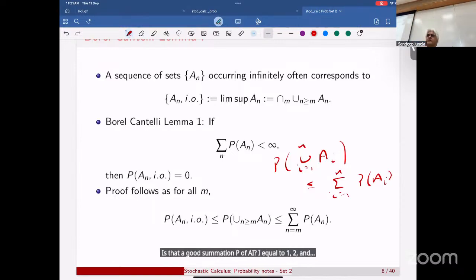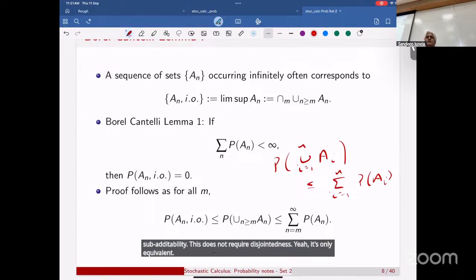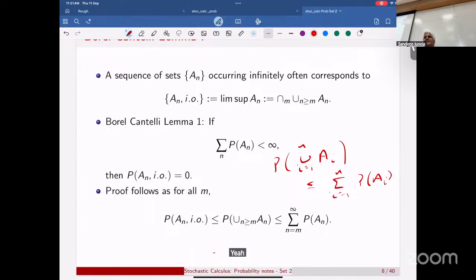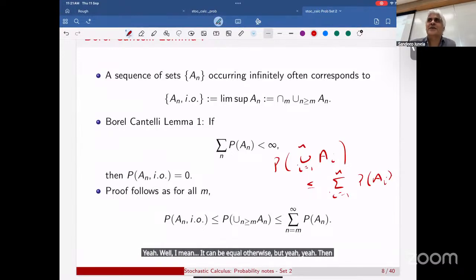This is subadditivity. This does not require disjointedness. It's only equal if they're disjoint. Well, it can be equal otherwise, but then it's for sure equal.